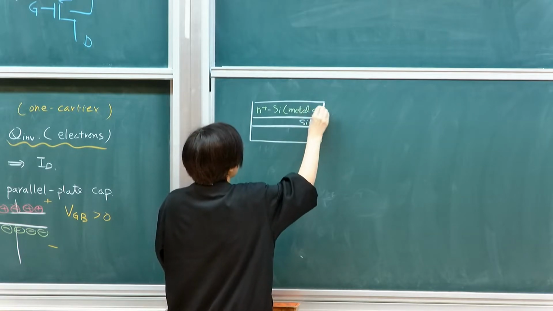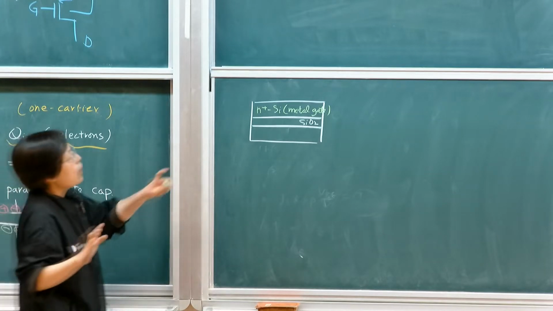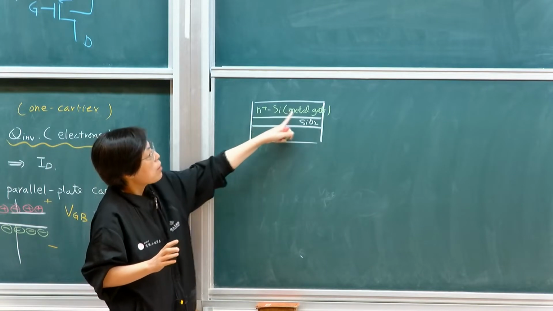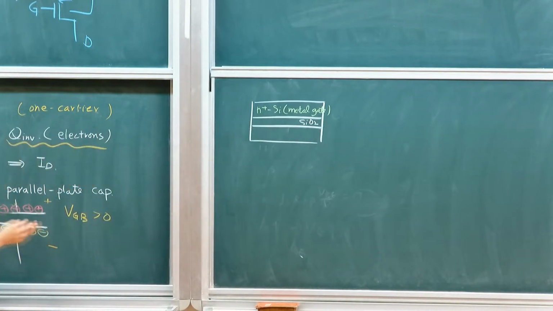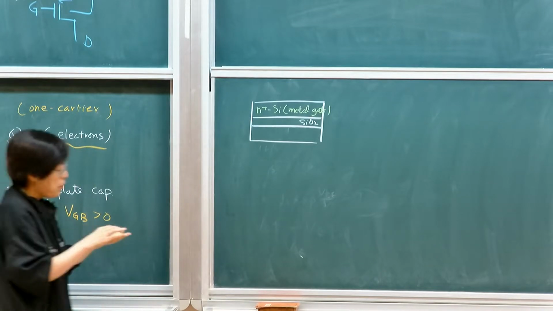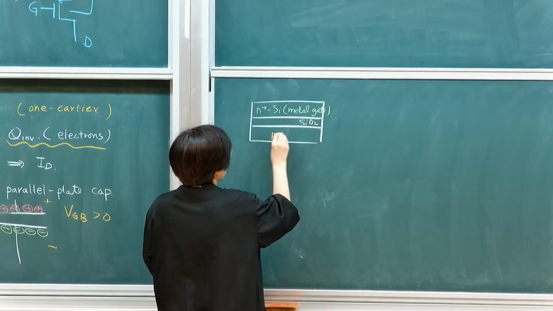In a lot of the mid-generation technology, we actually use N-type silicon instead of real metal. But nowadays, in more advanced technology, you go back to metal gate. But that's a long story. Anyway, we're substituting the metal gate with N+ silicon, and the bottom is still P-type silicon.